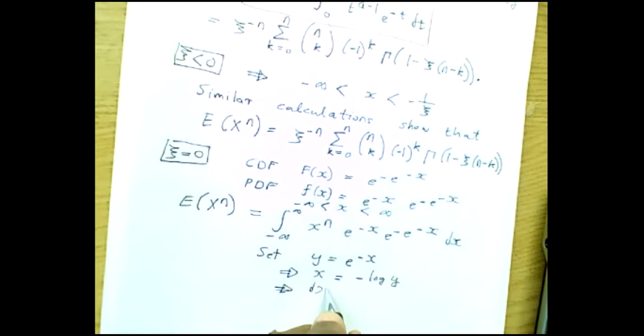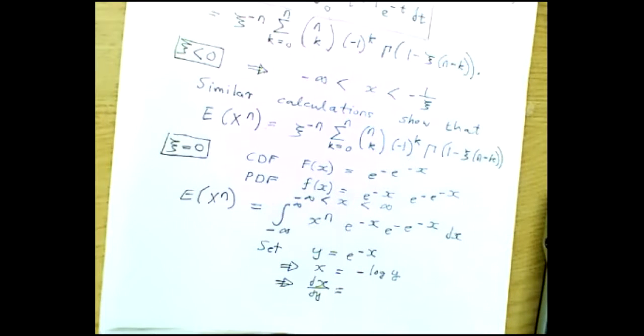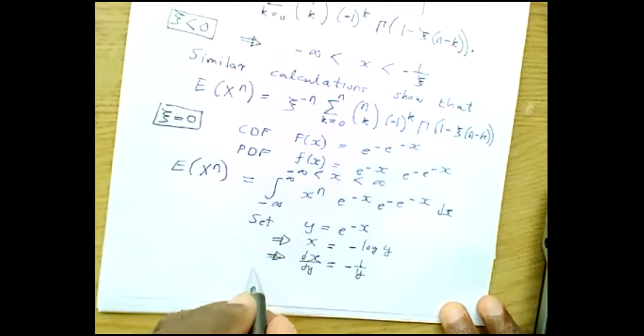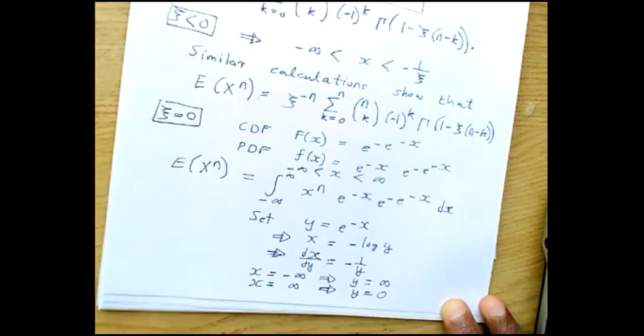So dx by dy will be minus 1 over y, right? And when x is minus infinity, y will be equal to plus infinity, and when x is plus infinity, y will be equal to 0, right?